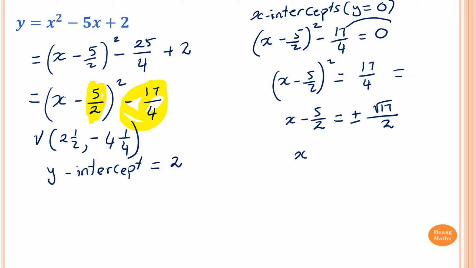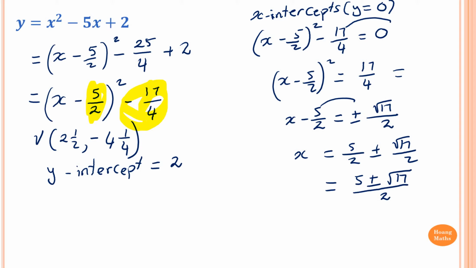So now x must equal, I move this to this side, so that means 5/2 plus or minus square root of 17/2. So this gives me 5 plus or minus square root of 17, all over 2. So I can just put this in the calculator.